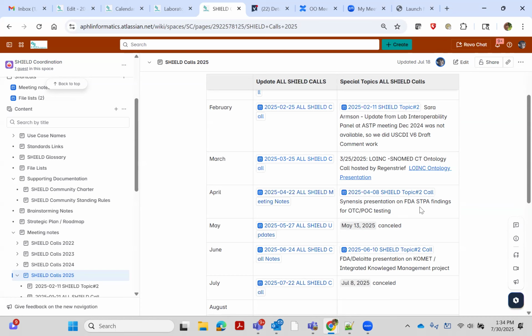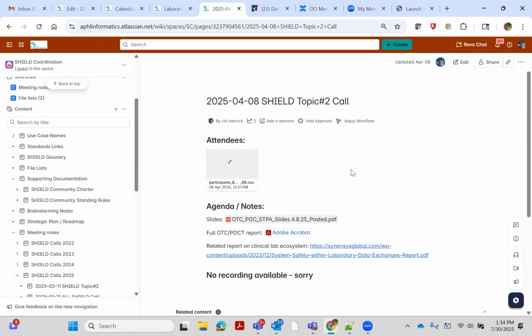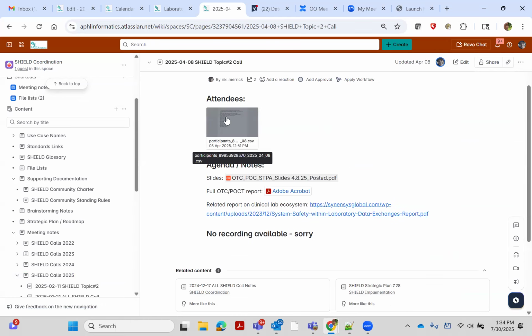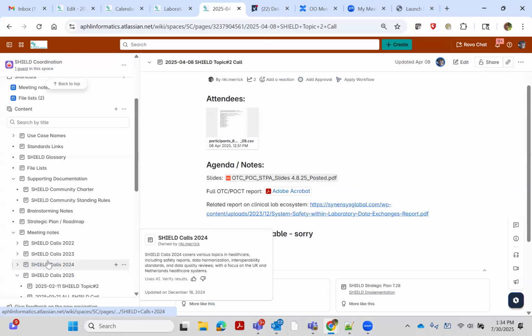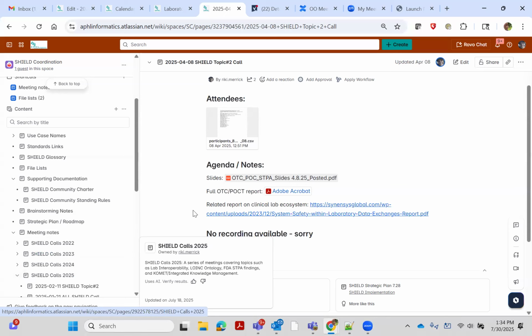And these are all on the pages here. At least the slides are available for all the recent ones. For the 2024 calls, they're all recorded, and all the older calls pre-2025 are all recorded.